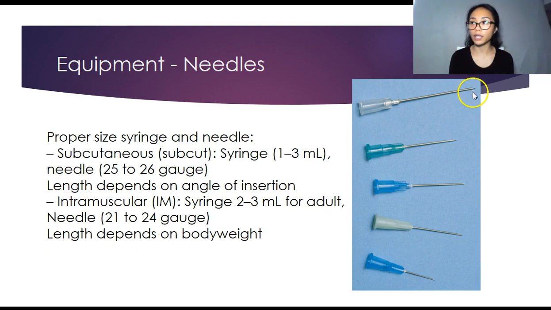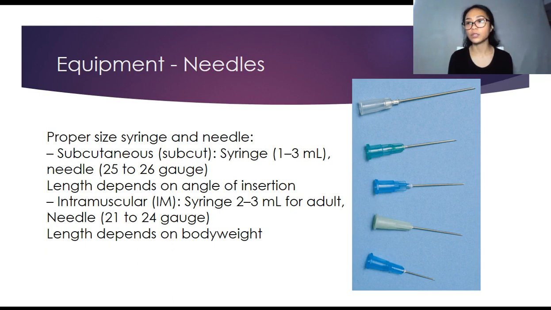This one should be a blunt needle, so there should be no beveled end. This one, if you can see, with the PowerPoint presentation that I upload onto Canvas, if you zoom in, you can see that this has a slanted edge, and that's the beveled end, remember? And for intramuscular injections, we're using anywhere between a 21 to 24 gauge needle.